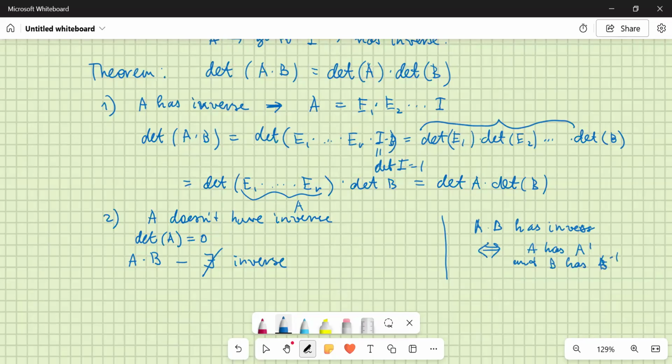And we also had the opposite theorem: if they all have inverses, then the product is going to have an inverse.